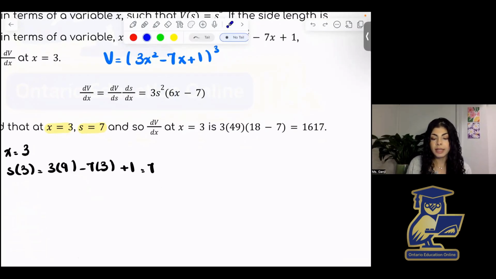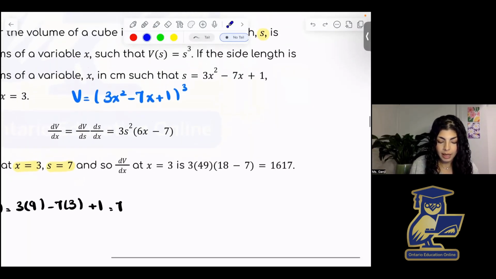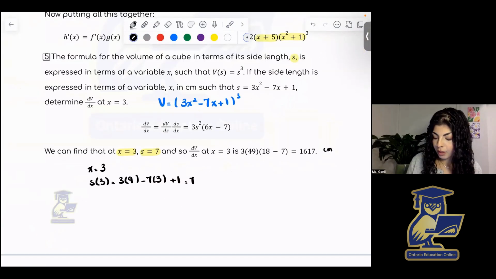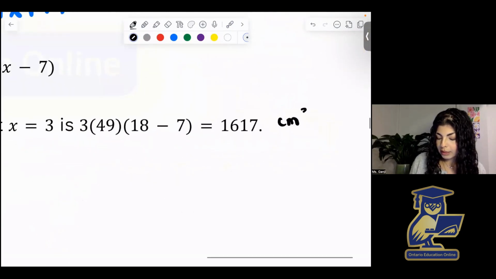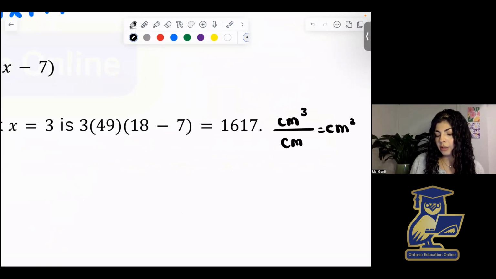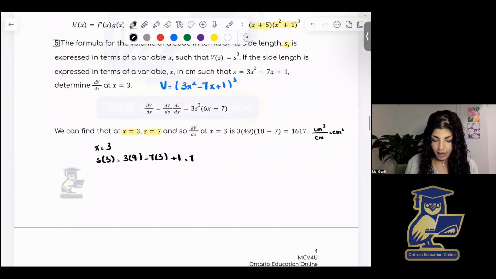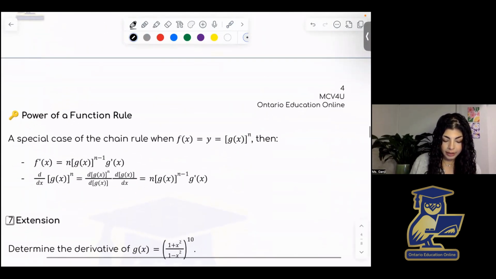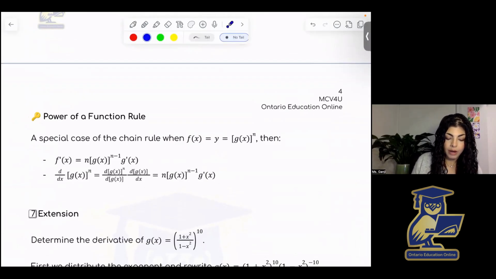And if you multiply this, you will end up with 1,617. And I'm missing my units there, but volume is centimeter cubed, and the side length is centimeter, so the answer is in centimeter squared.